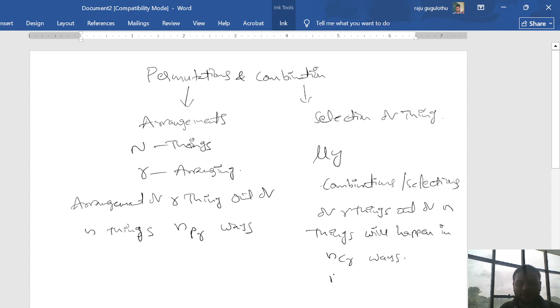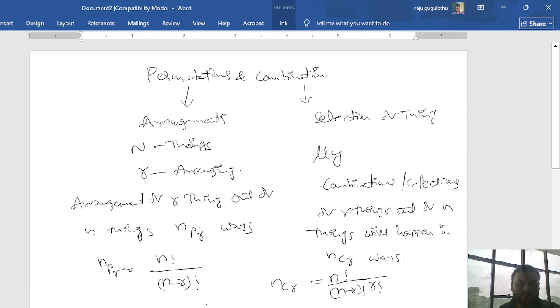And nCr is expanded like this: nCr is equal to n factorial by n minus r factorial into r factorial. And nPr is expanded like this: n factorial by n minus r factorial. That's it. And if you multiply r factorial to nPr, that will convert to nCr.